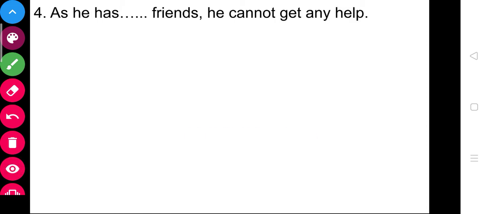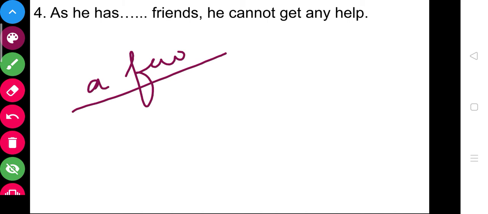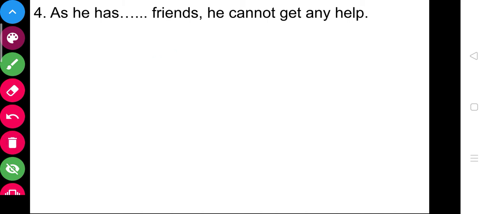Then go for the fourth one: as he has dash friends, he cannot get any help. Here the number of friends can be less. So we can say, as he has a few friends, or we can simply deny that he has any friend, which would be much better. We can say, as he has no friends.